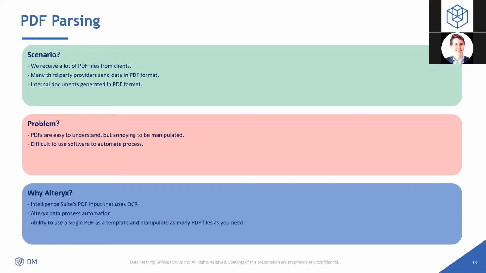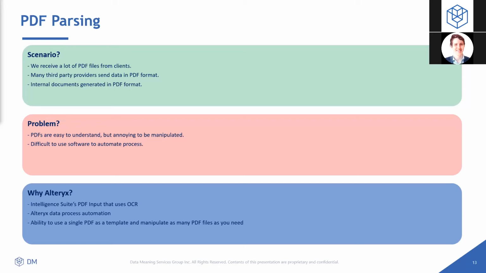However, why can Alteryx be a solution? We're going to have something called the Intelligence Suite, which is an add-on to Alteryx Designer, as I mentioned, that uses something called OCR. Okay, so using OCR, that means that we're going to have the ability of reading PDF files, which is just pretty much using the geolocation of data inside of the files, like the X or Y coordinates, and extracting data.